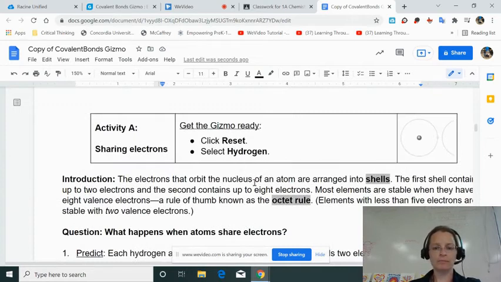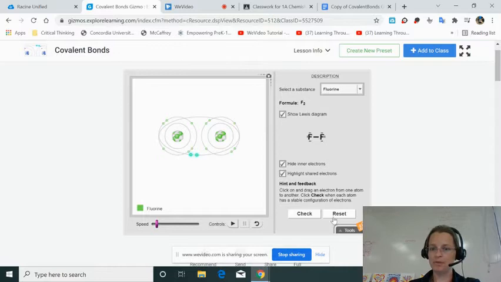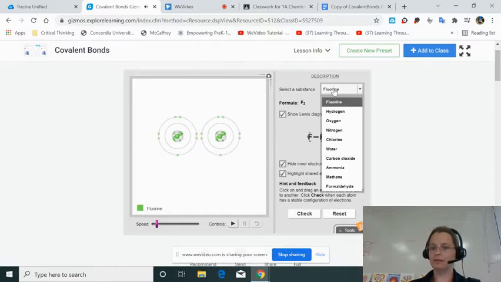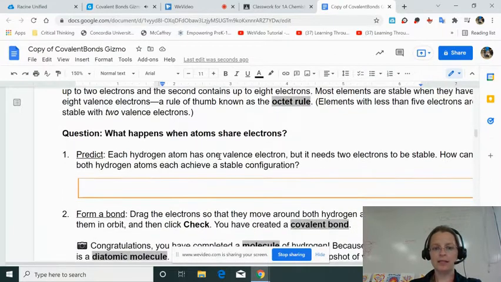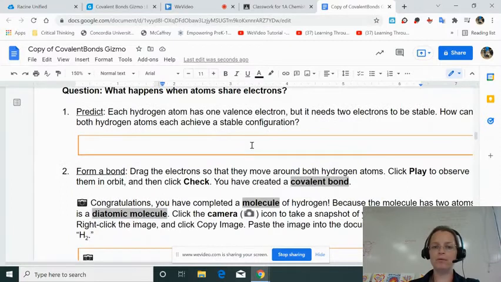So here we go. We hit reset and hydrogen. Let's see. Each hydrogen has one electron, but it needs two. How can they both achieve that? Well, covalent bonding is all about sharing.